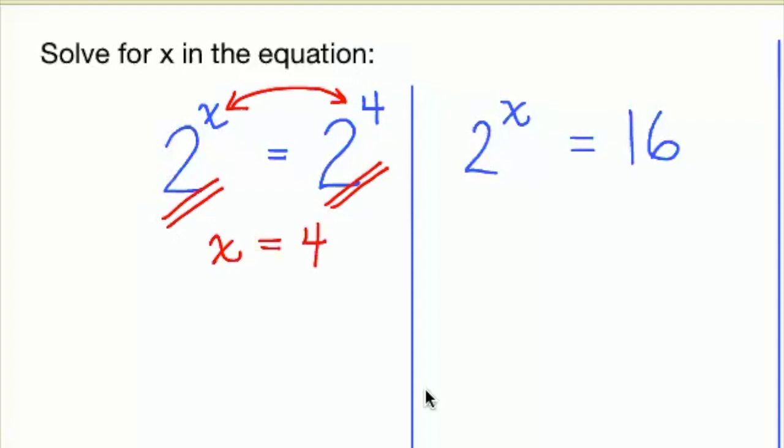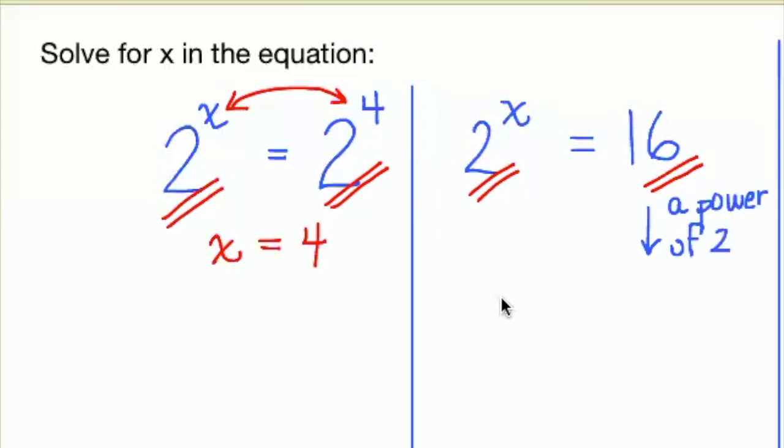On the other side of the line here, I've written a similar equation. But notice this time, I have a base of 2 on the left and a base of 16 on the right. But if you are really good with number sense, you know that 16 is a power of 2, and you could rewrite it that way.